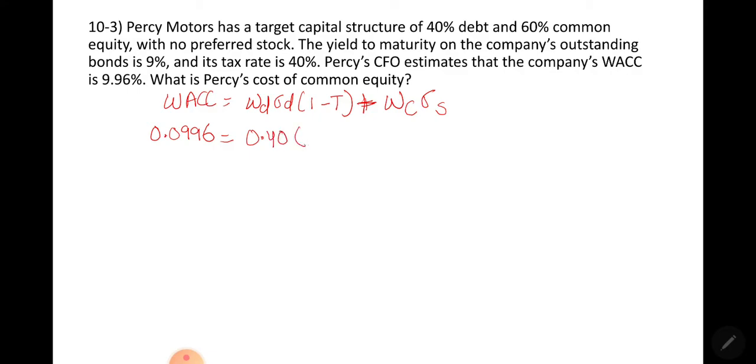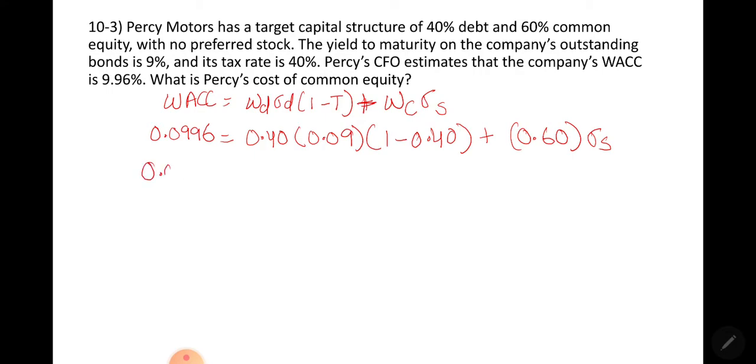The YTM is 0.09 and you have a tax rate of 40%. The weight for common stock is 60%, so this will be 0.6, and we do not know what the cost of common equity is. This is what we are supposed to solve over here.